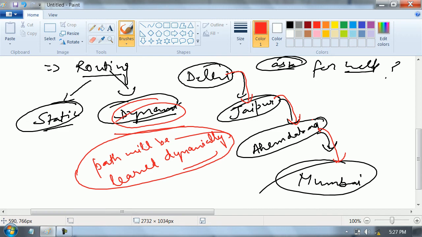If in the upper case someone told me the way, from Delhi to Jaipur, Jaipur to Ahmedabad, Ahmedabad to Mumbai, just think there is a problem in the path between Jaipur and Ahmedabad. If I follow the static path, I will get stuck.